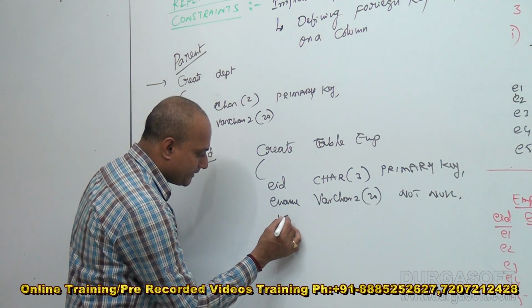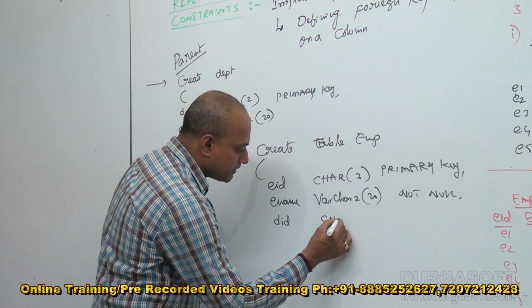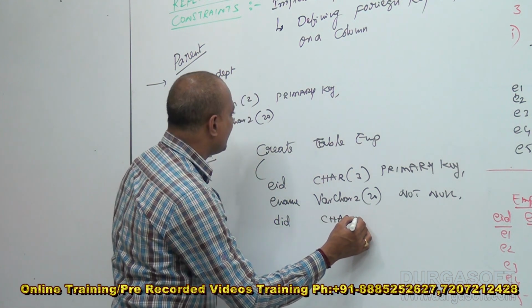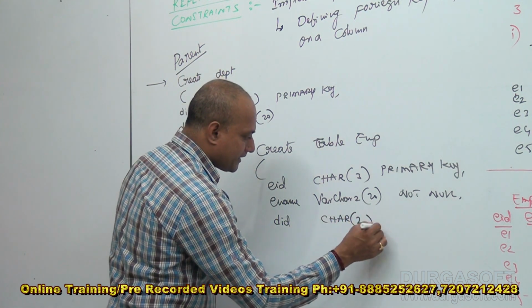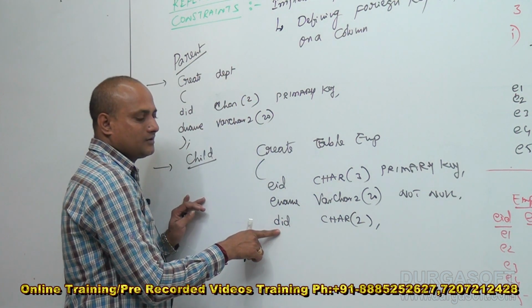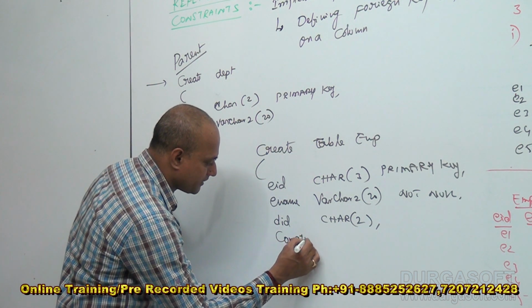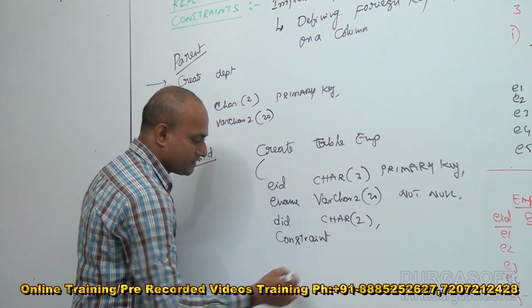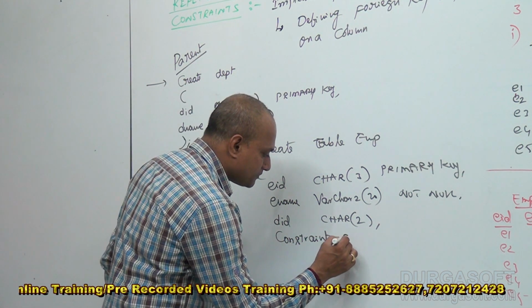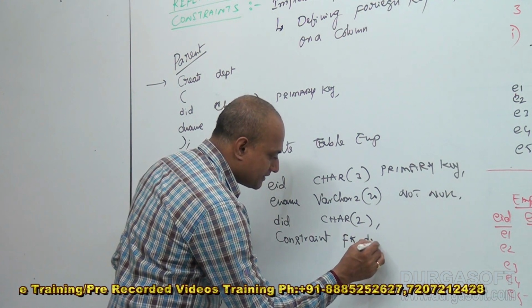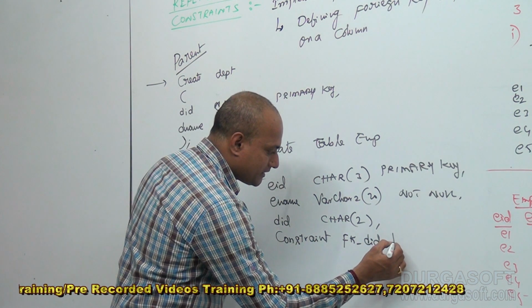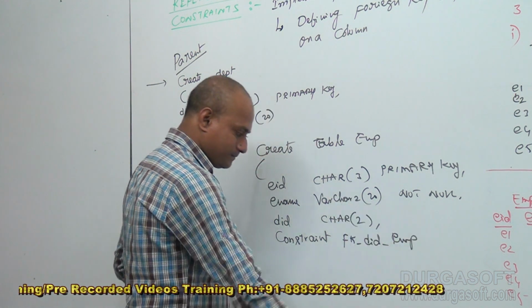I am maintaining department ID, and I want to define a foreign key constraint on this column with user friendly name. See, constraint, it's very simple. What is the user friendly name I want to maintain? Foreign key on DID column under EMP table.